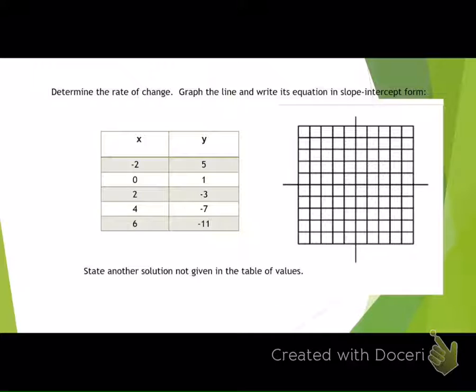Okay, determine the rate of change, graph the line, and write an equation in slope-intercept form. So we'll determine the rate of change as we're doing this. We'll first graph the points, so go ahead and plot some points for me. After I know where my axis is, it makes it easier to plot the points.